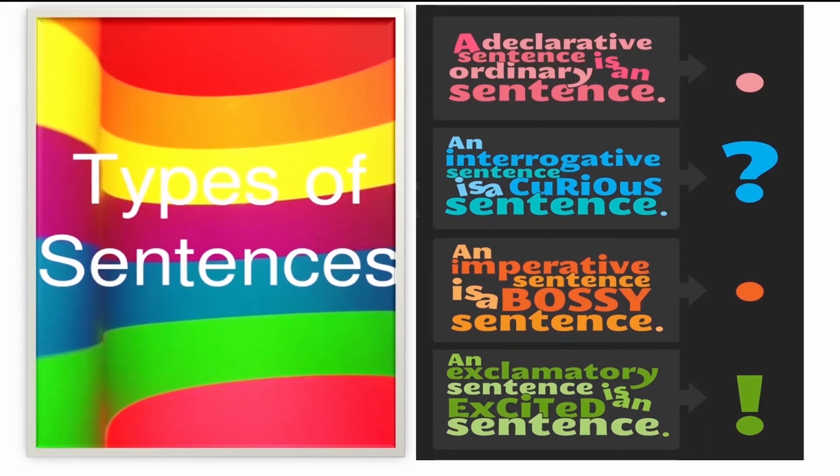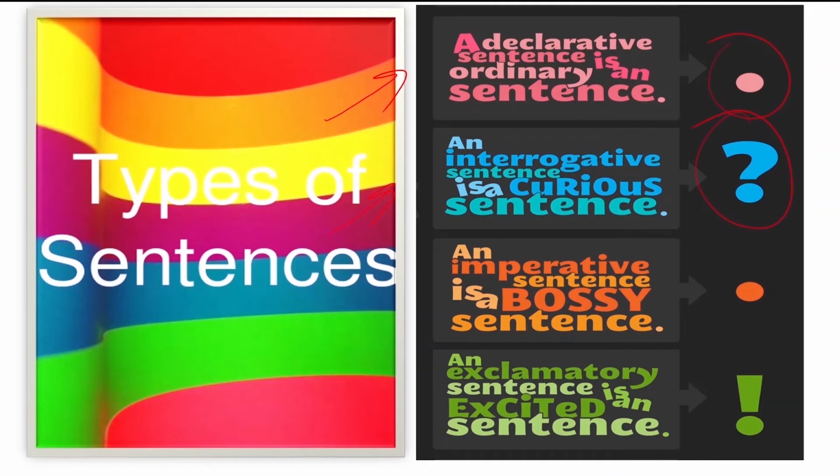There are four common types of sentences in English. Each sentence type has a different purpose. In this lesson today, we will look at all four of them, their uses and their punctuation. Let's just know about them first. A declarative sentence is an ordinary sentence which gives a statement and it ends with a period. An interrogative sentence is a curious sentence which is used to ask questions and it ends with a question mark.